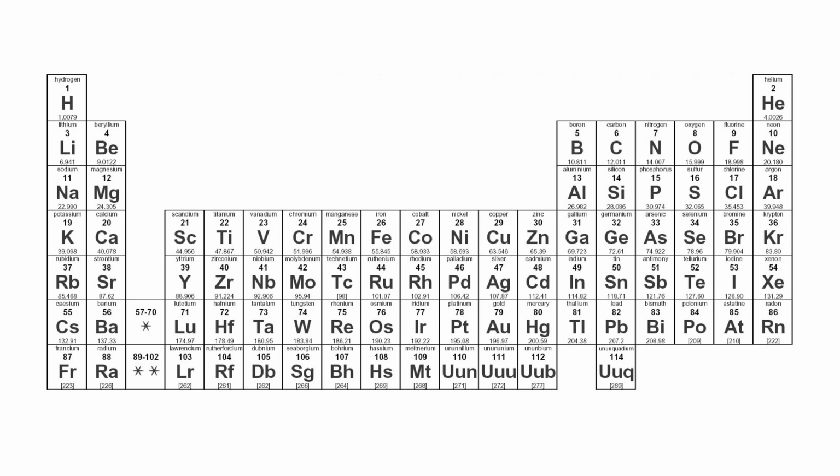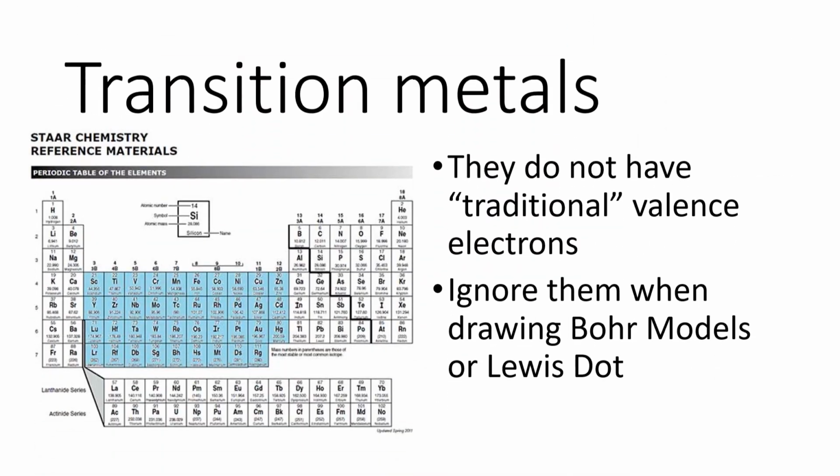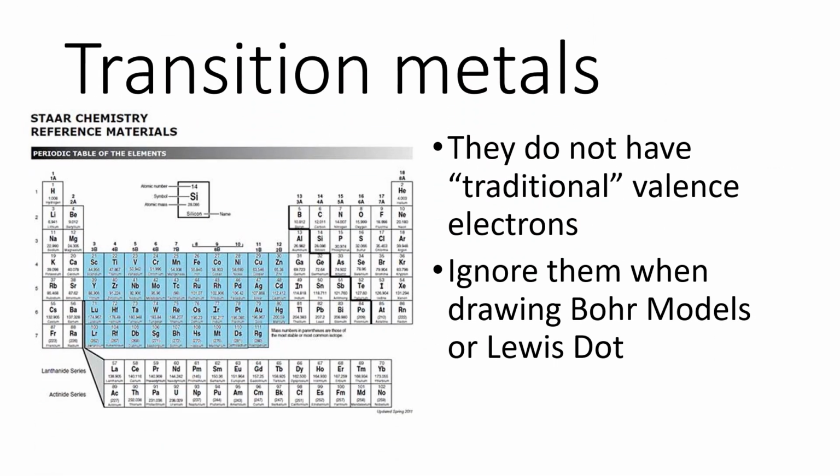So the problem here are the transition metals. These transition metals can have different valence electron configurations. So they don't have traditional valence electrons. And we're going to ignore them when we're drawing our Bohr models or Lewis dot diagrams, because essentially what's going to happen is because I said 2, 8, 18, 32.